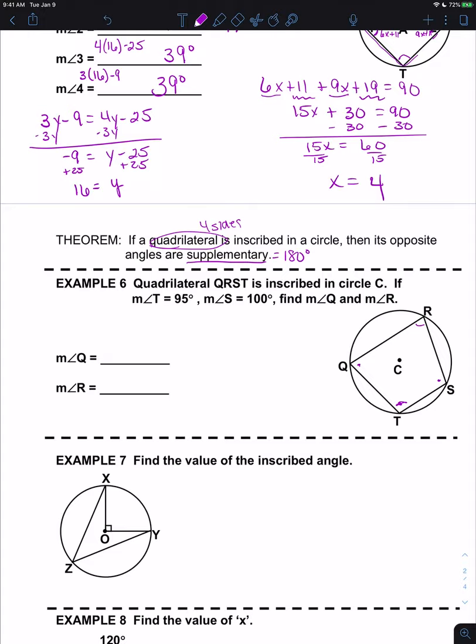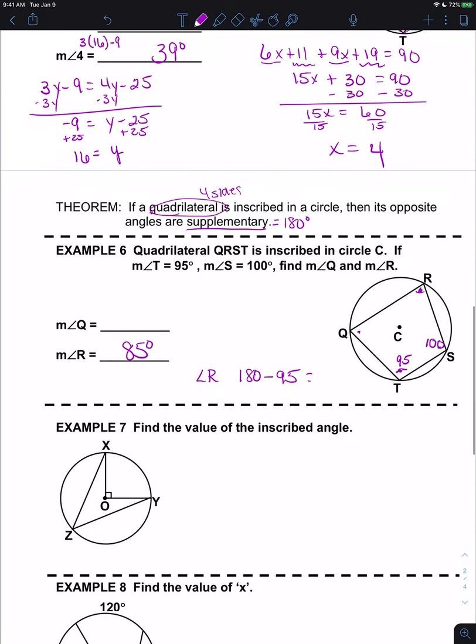So if the measure of angle T is 95, the measure of angle S is 100, well, we know R has to be 180 minus 95, and that's for angle R. And so 180 minus 95 gives us 85 degrees.